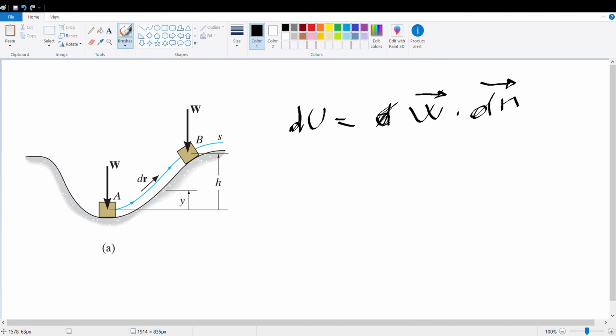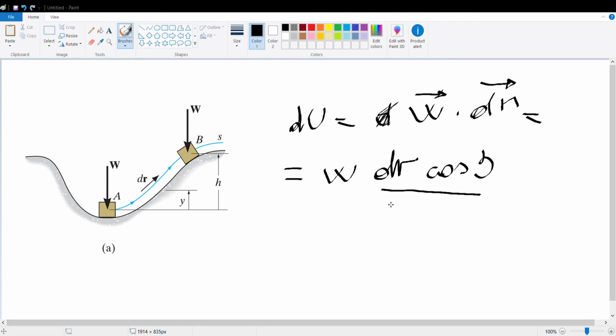So this is a scalar product, so it becomes a dot product. It's a scalar, and it becomes W dr cosine of theta, where theta is the angle between the weight and dr.